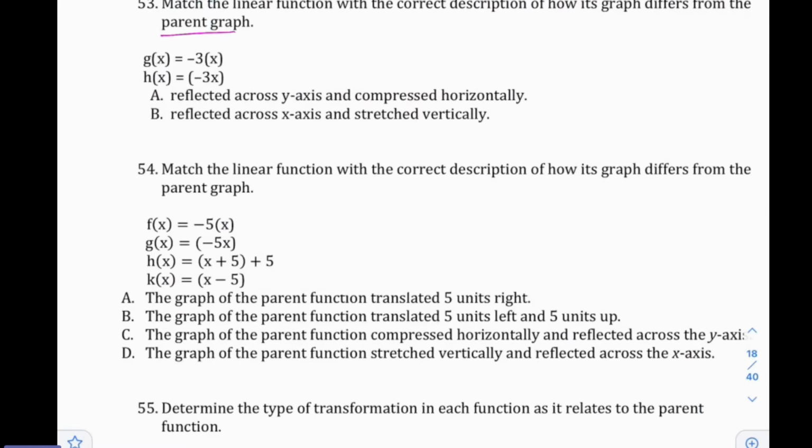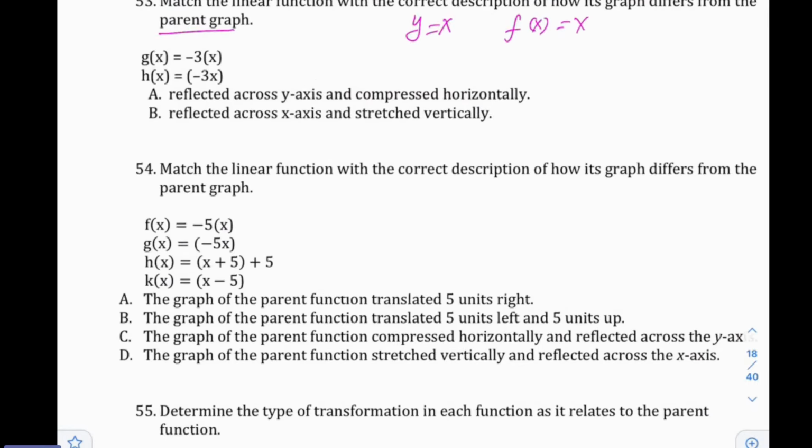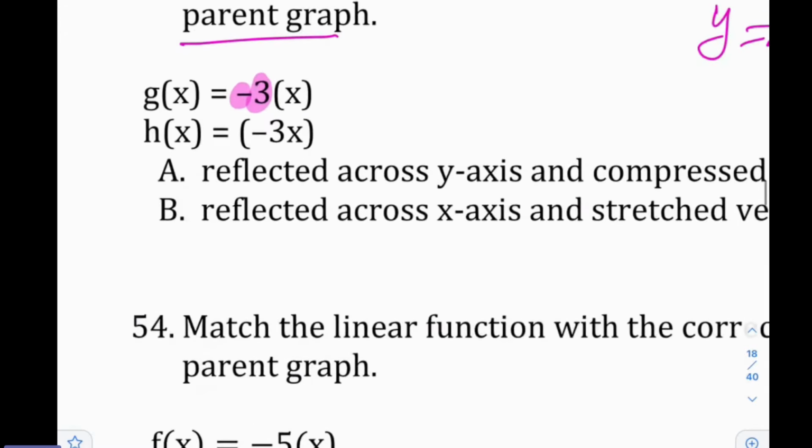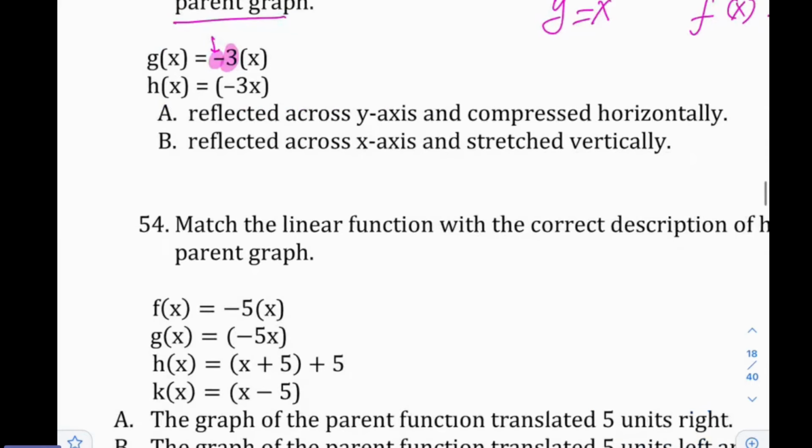The parent function of a linear function is y equals x, or you can say f of x equals x. Any additional part is considered a transformation. For example, here there is a minus and there is a 3. The minus before the x, whether it's outside or in the group, causes reflection. If it is outside, not grouped, it will be reflection across the x-axis.